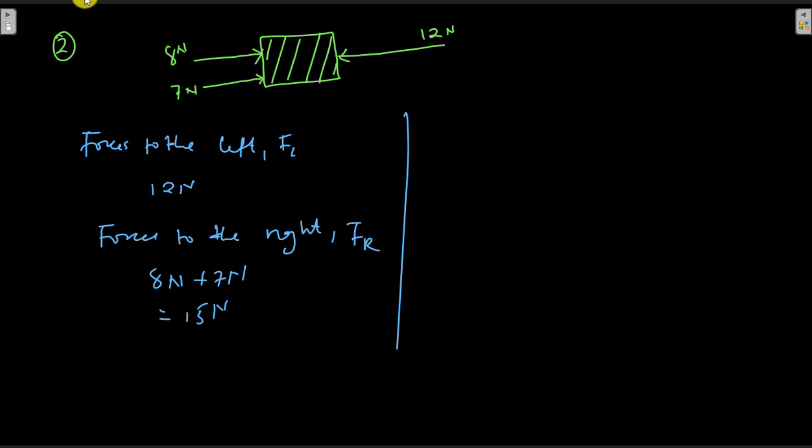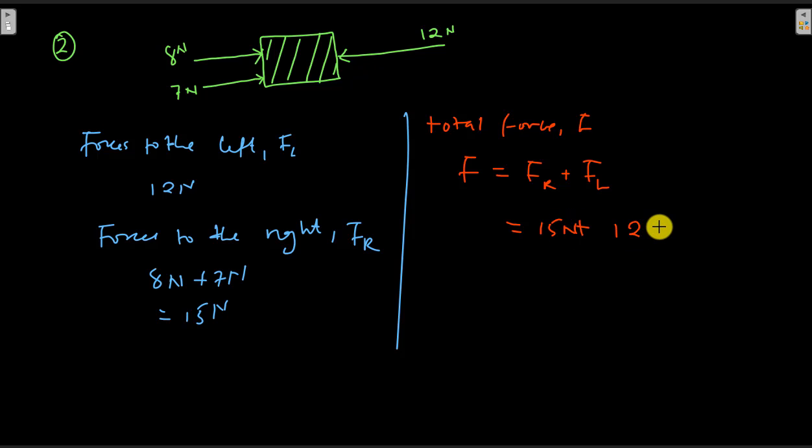Let's go ahead and find the resultant force, or the total force. I'll call that F. So the total force is equal to the forces to the right plus the forces to the left. The forces to the right, we have 15 newtons, plus the forces to the left, we have 12 newtons.